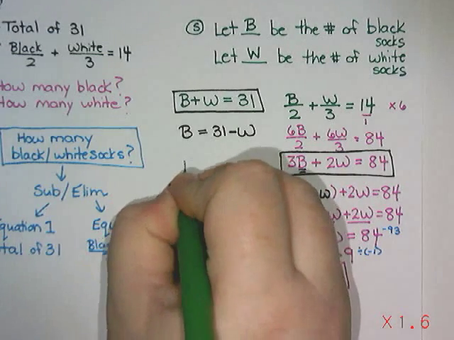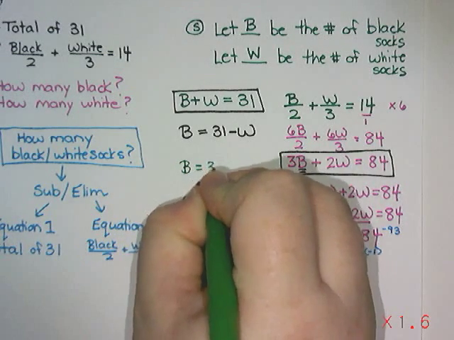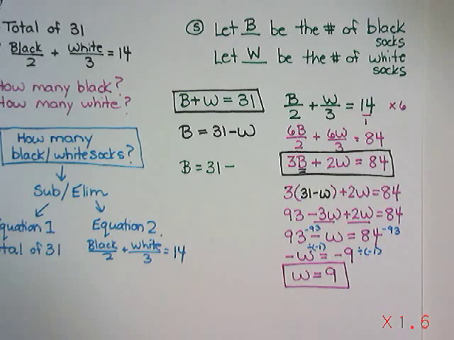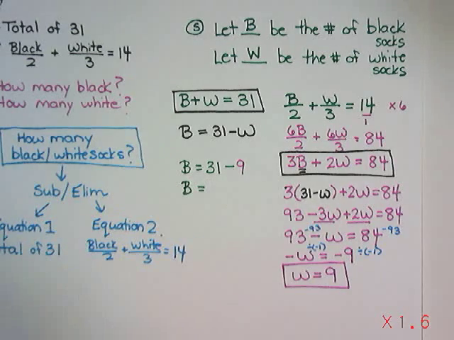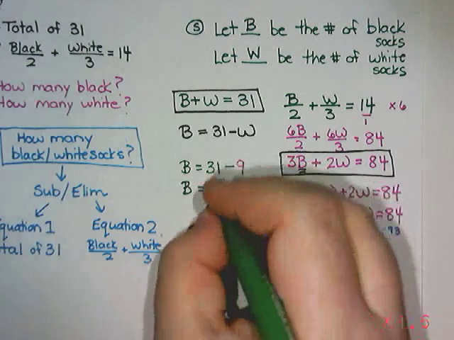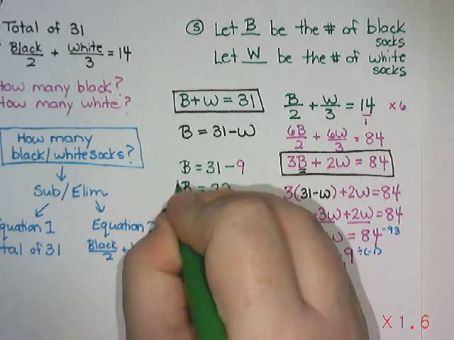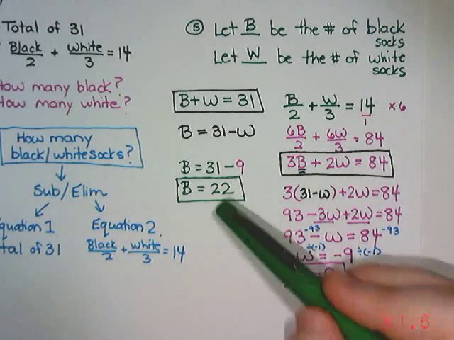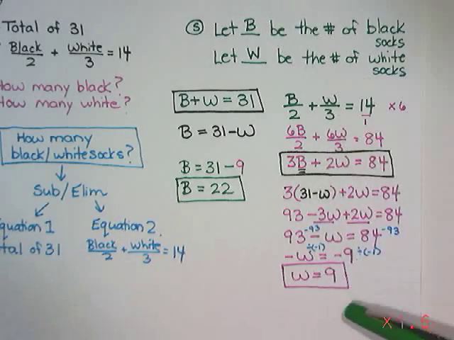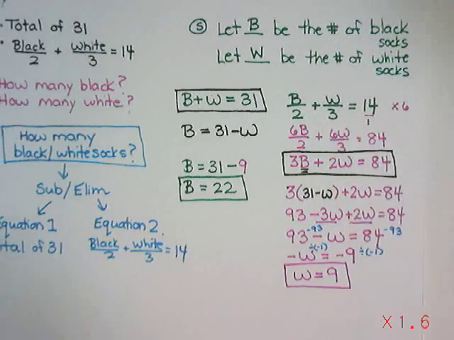So I'm going to say B equals 31 take away 9. And 31 take away 9 is 22. Right? So we have 22 black socks and 9 white socks.